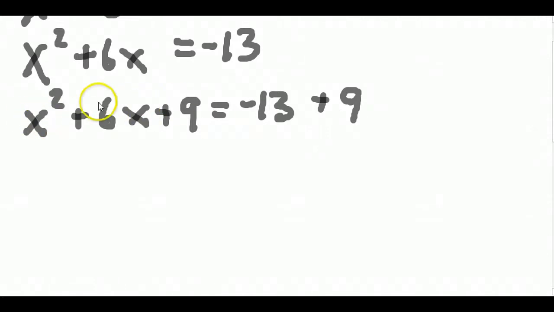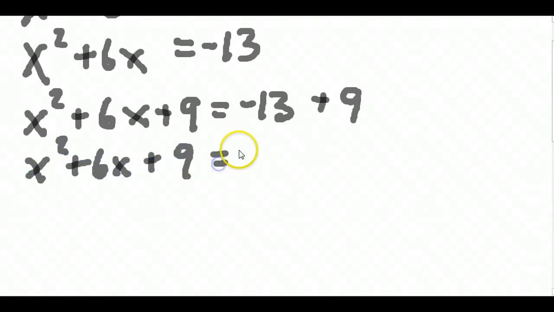Okay, so can somebody please tell me what it is to complete the square? X squared plus 6x plus what? 9 equals negative 13 plus 9. Correct. X squared plus 6x plus 9 equals negative 13 plus 9, which is negative 4.